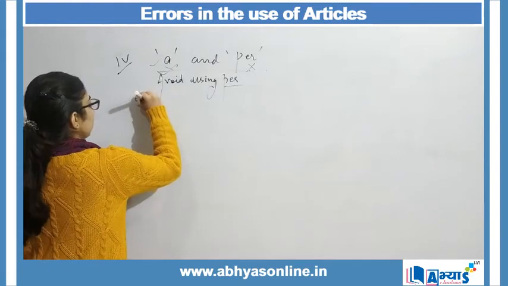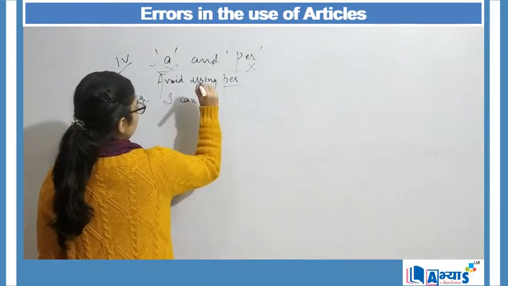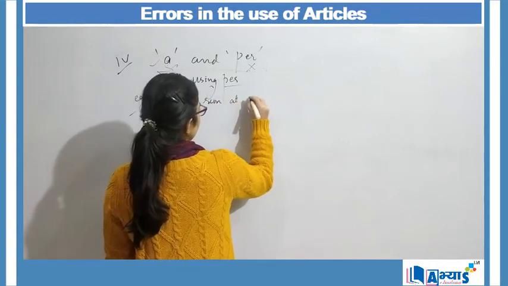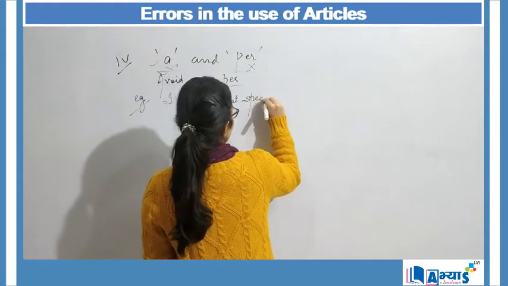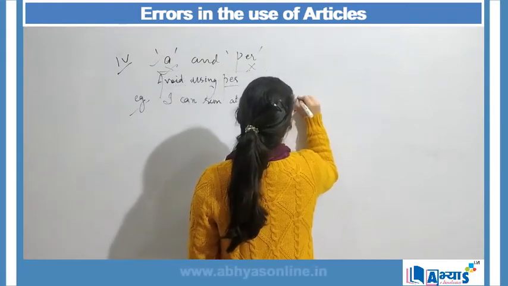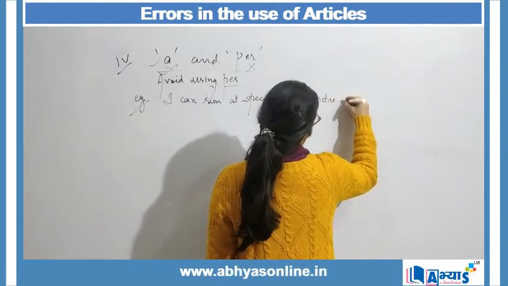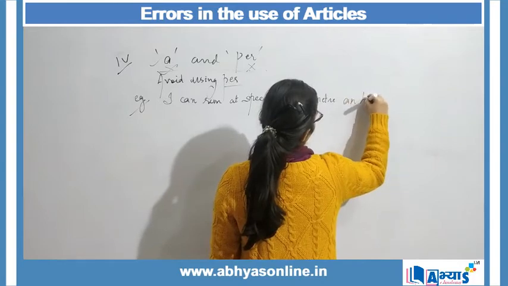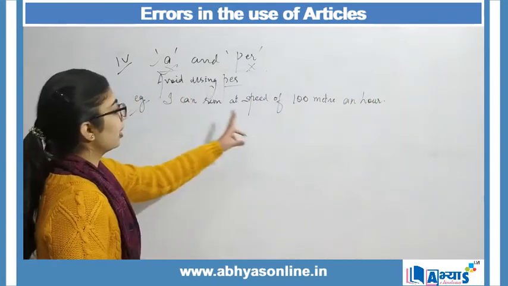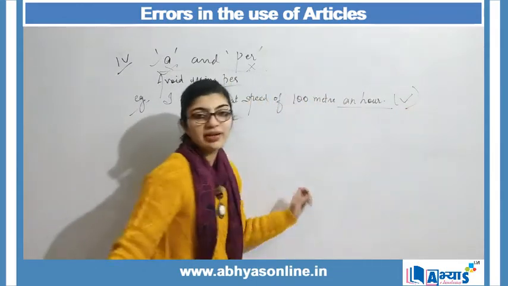Example over here can be that I can run at a speed of 100 meters an hour. Just an example, 100 meters an hour, my sentence is correct.